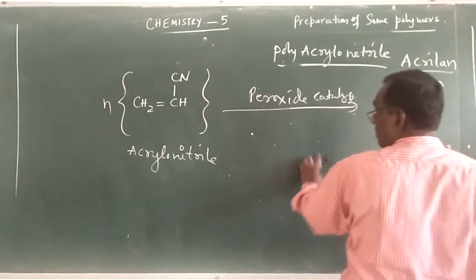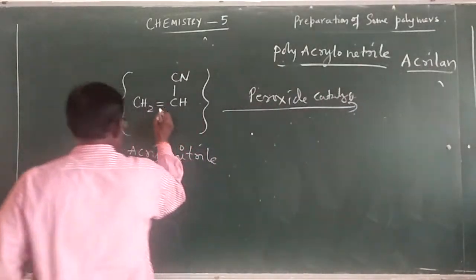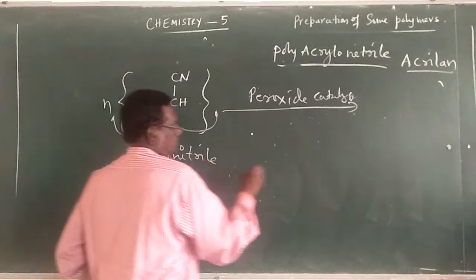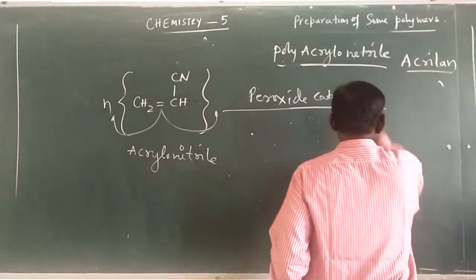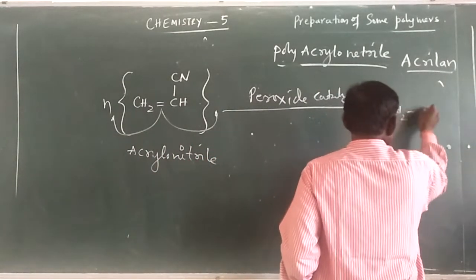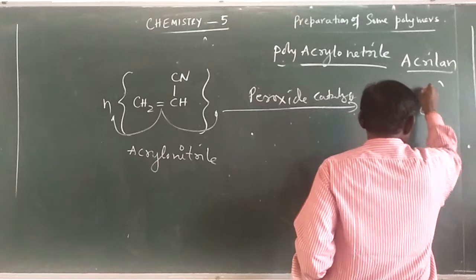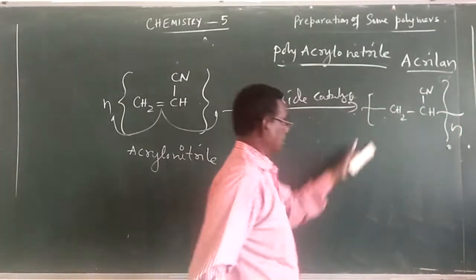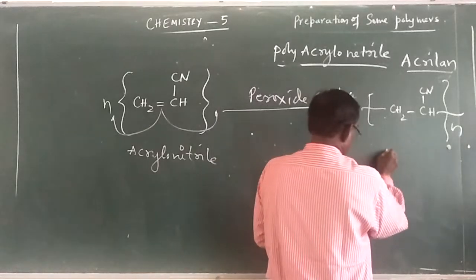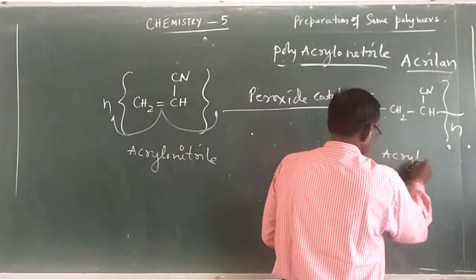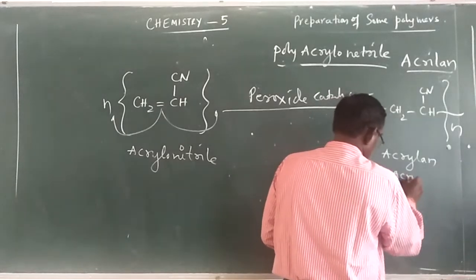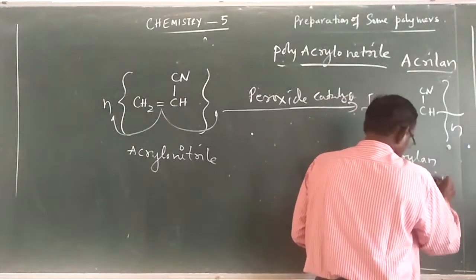So polyacrylonitrile means you see here, CH2 single bond CH single bond CN, n. This is called acrilan or polyacrylonitrile.